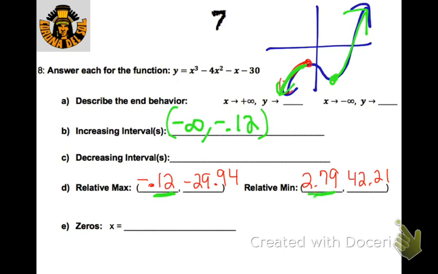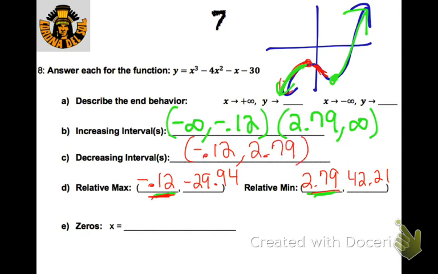So that x coordinate is 2.79, and that's all the way to infinity. And then it's decreasing right in the middle there, this part. And so that's just between these two x coordinates. So that would be between -0.12 and 2.79.